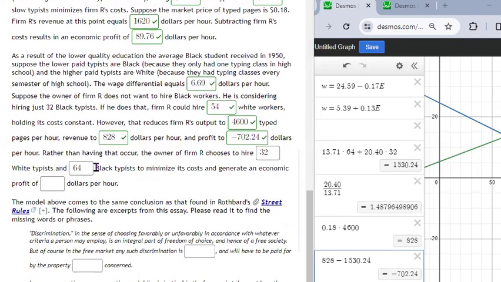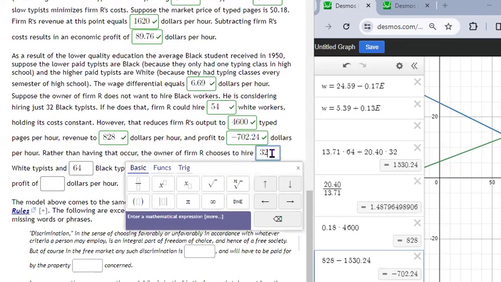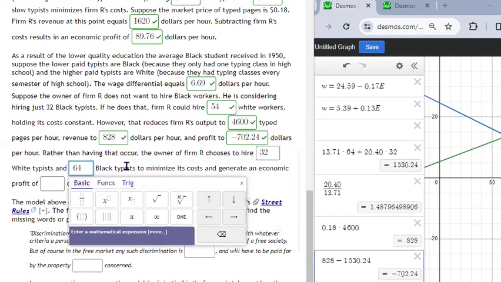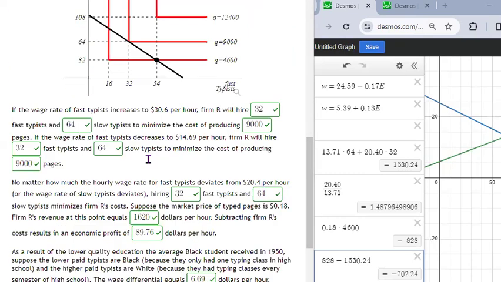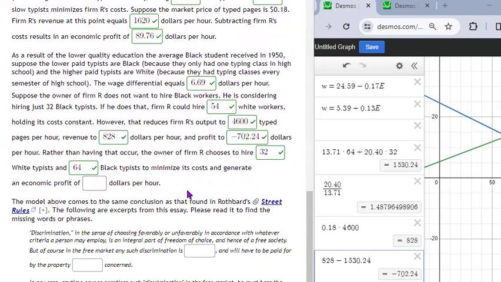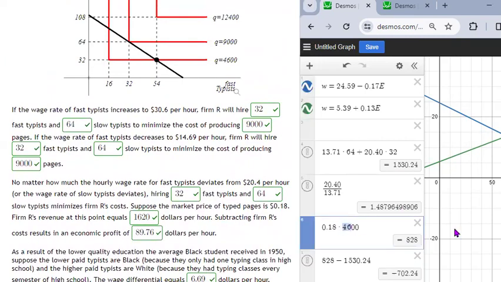So when it slides back up to that point, it's going to end up hiring 32 white typists and 64 black typists, even though it's a racist firm and doesn't want to hire 64 black typists, right? So the economic profit is what? We're back to 9,000 units. So our revenue's back to 1620. And our costs have been held constant because we're sliding up and down this iso-cost line.